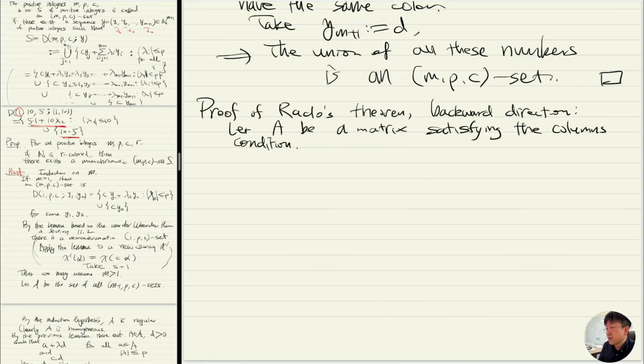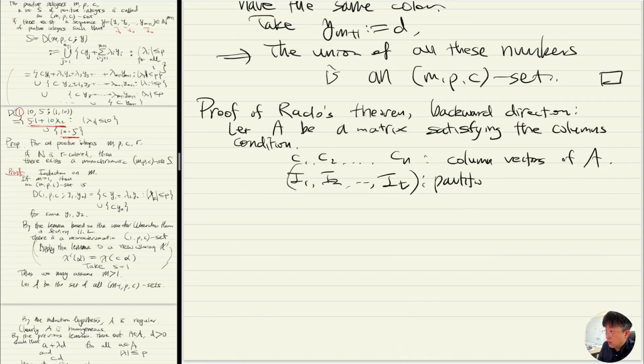Let c1, c2, ..., cn be the column vectors of A, and let I1, I2, ..., It be the partition of the integers from 1 up to n, satisfying the columns condition.